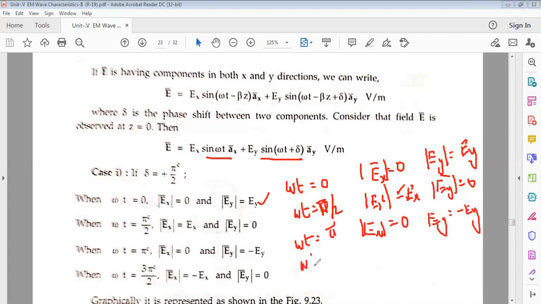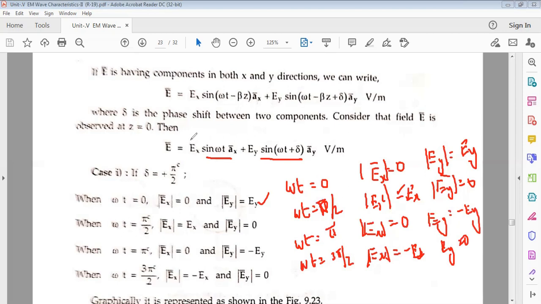Similarly, when omega t is equal to 3 pi by 2, the magnitude of Ex is minus Ex bar and Ey is equal to 0.